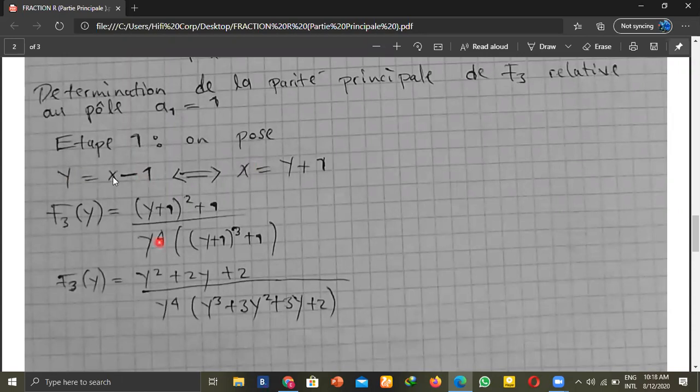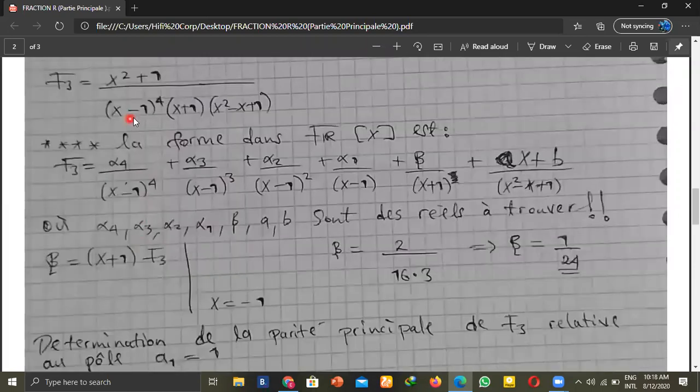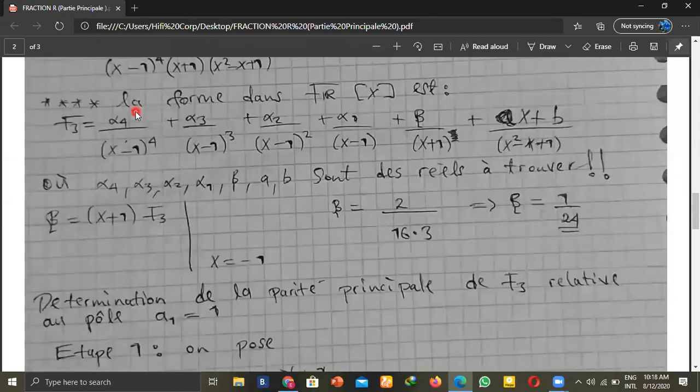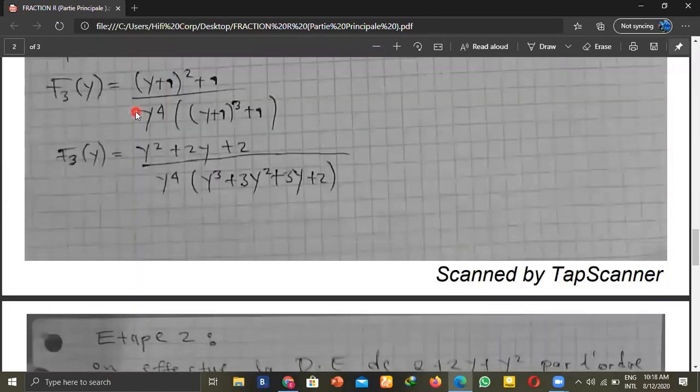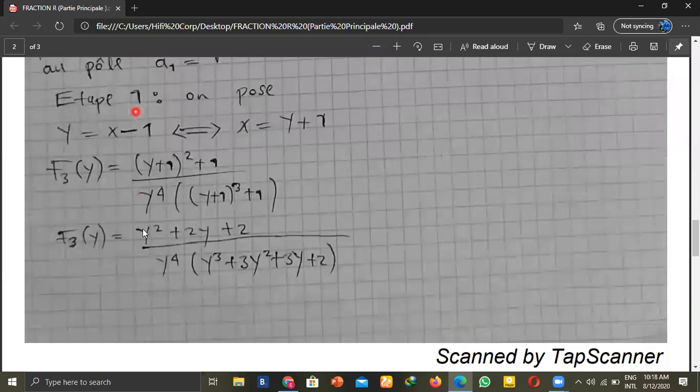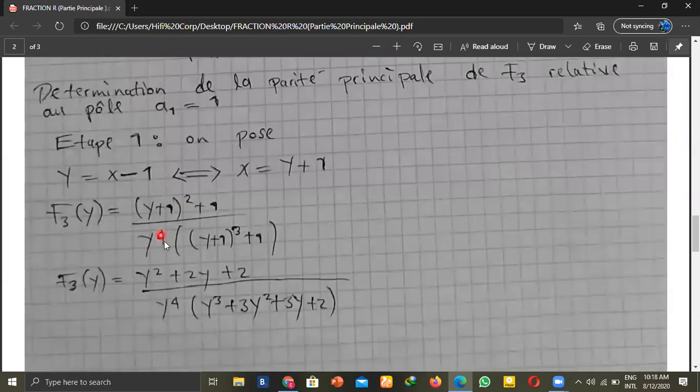On our equation here, where there's x minus 1, we're going to put y, because we've equated this to y. So this is equal to our y to the power 4. And here where there's x, we said x is equal to y plus 1. So we're going to say y plus 1 where there's x, because here it was x squared. So y plus 1 squared plus 1.